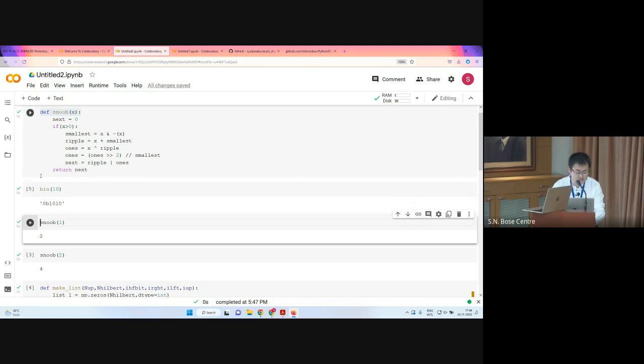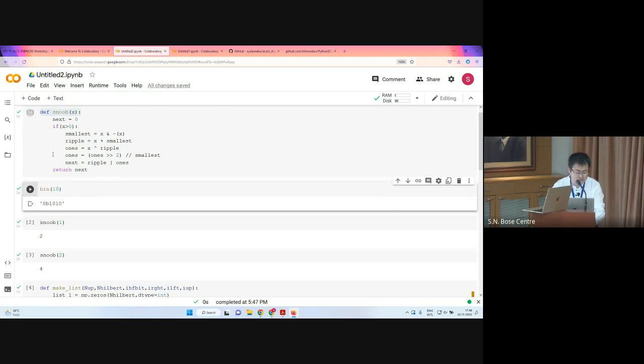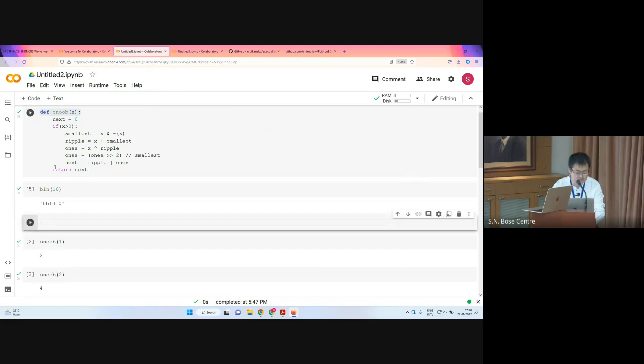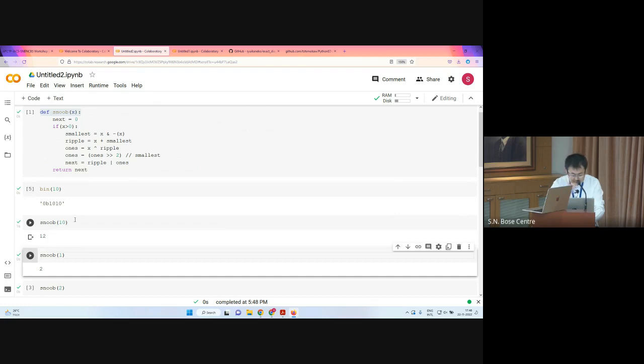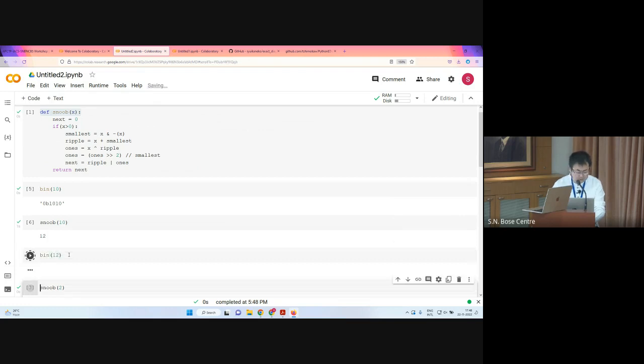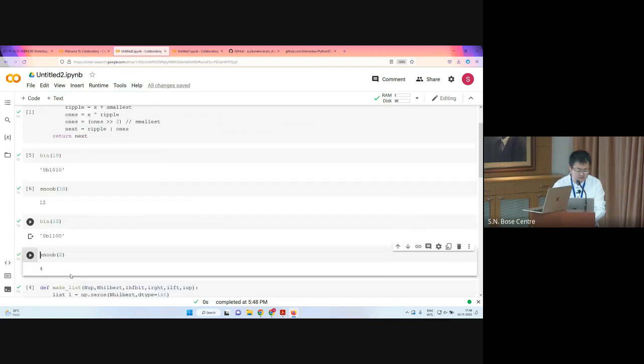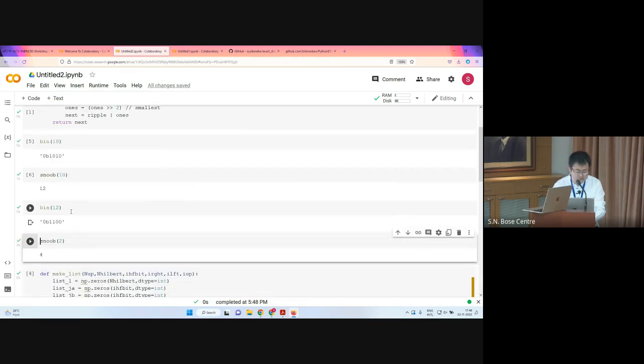Now snoob of 10 outputs 12. That means this is 1100 in the bit representation.